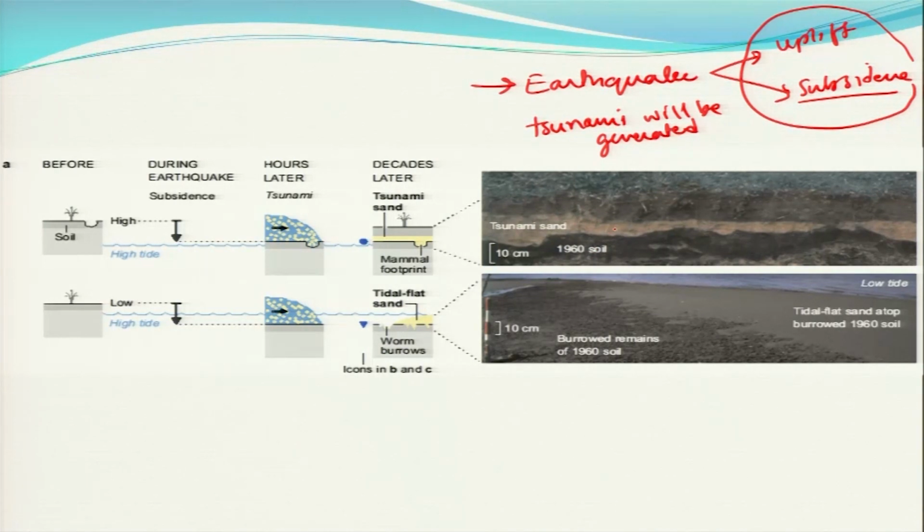Then the tsunami came in the 1960 event, and then there was soil formation here. So, the next event, when it comes, will deposit on top of this one, and then again the same process goes on. So, what we see is the couplet of soil and sand in ideal conditions.